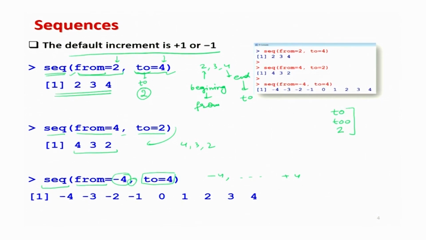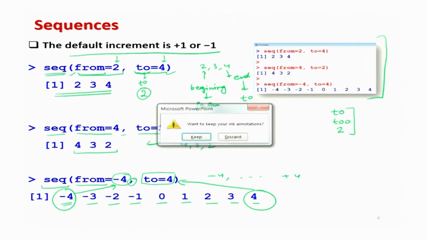Now what will happen? This sequence will start from -4 and then there is a difference of 1 unit and the sequence will progress further as -4, -3, -2, -1 and 0, and then after that 1, 2, 3, 4. So, this -4 corresponds to from and this 4 corresponds to the option TO2, right. And here you can see the screenshot.